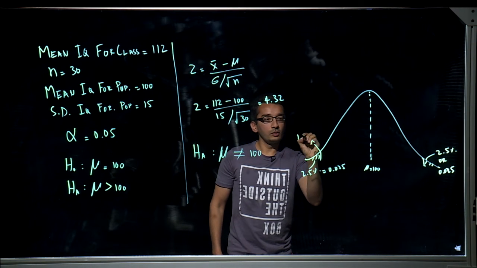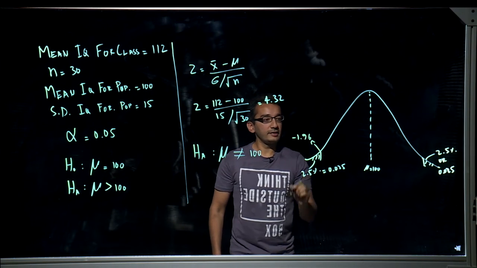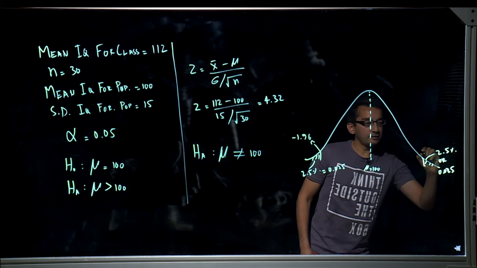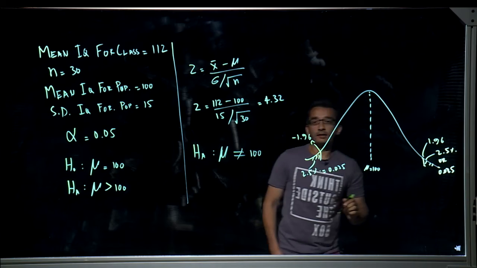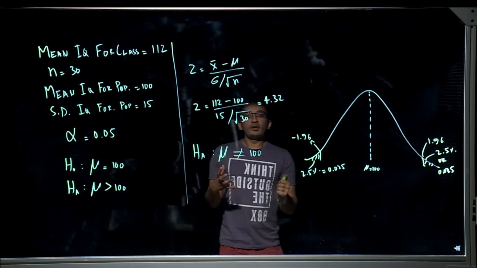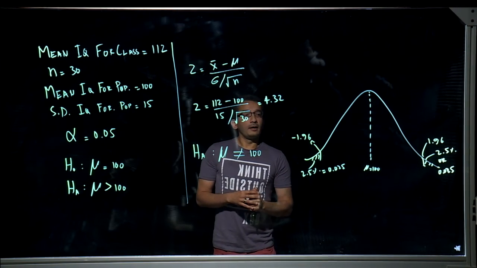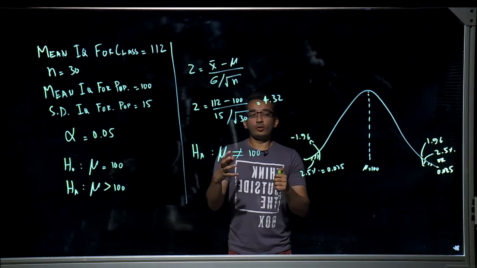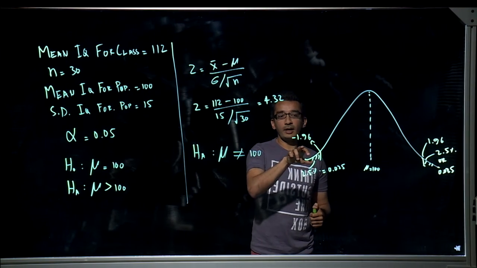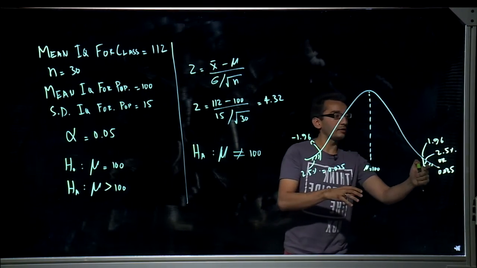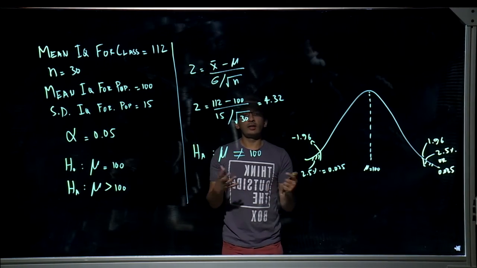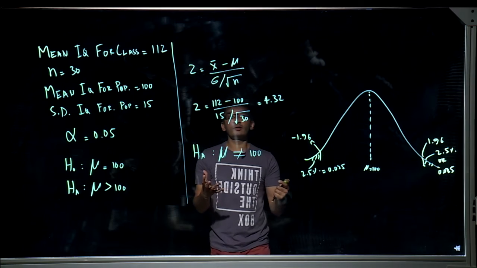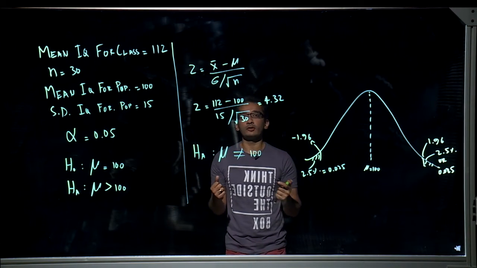These will be equal to minus 1.96 on the left hand side and 1.96 on the right hand side. So our area of rejection then becomes, if your z-score is less than minus 1.96 or greater than 1.96, then it falls in the area of rejection, and you can reject the null hypothesis. Otherwise, you will fail to reject the null hypothesis.